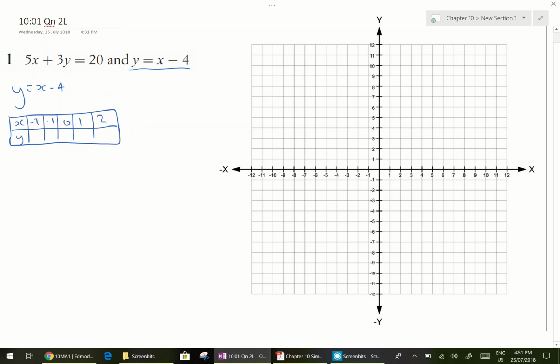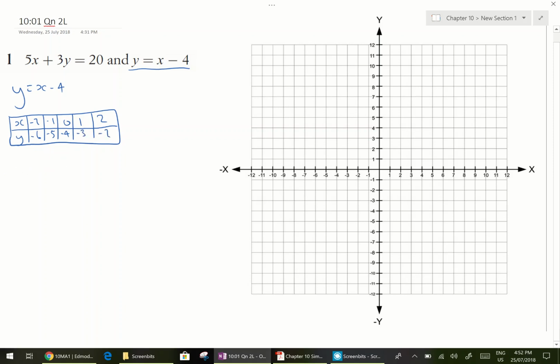When x is -2, we have -2 minus 4, so y equals -6. When we have -1, we get -5, and you should be able to see the pattern now. 0 minus 4 is -4, so -6, -5, -4, -3, -2.